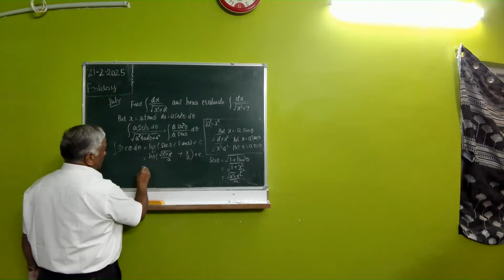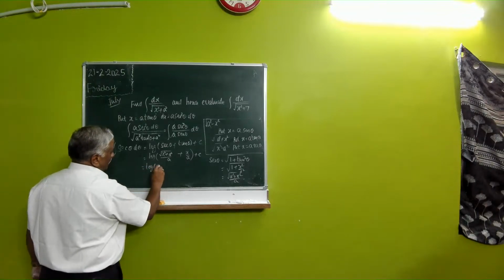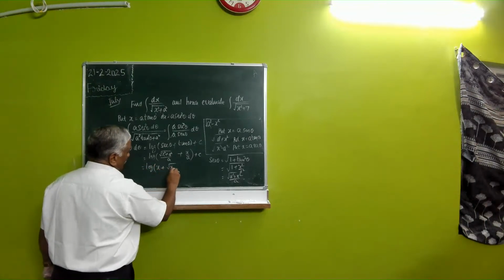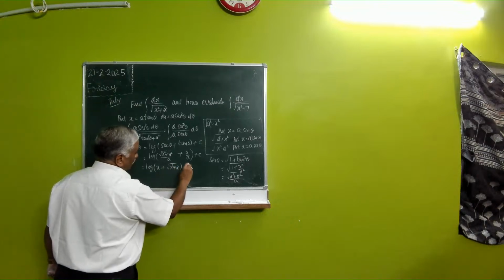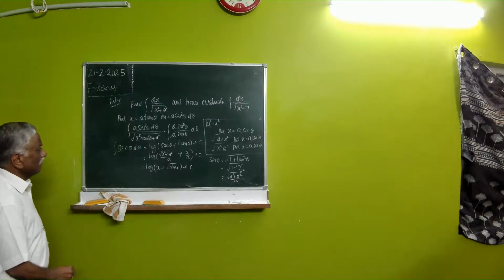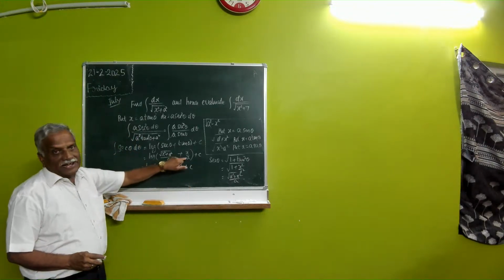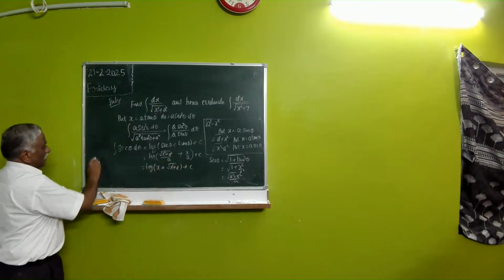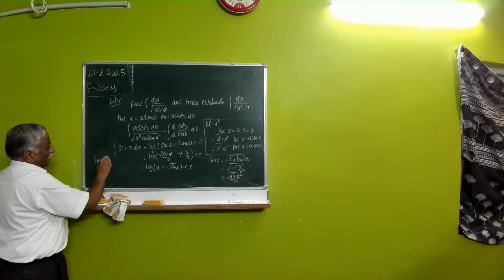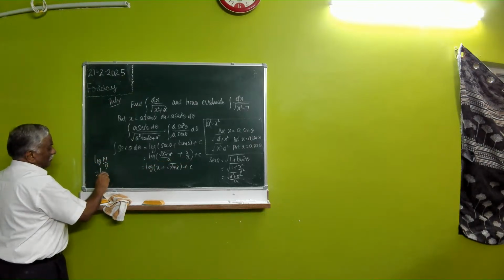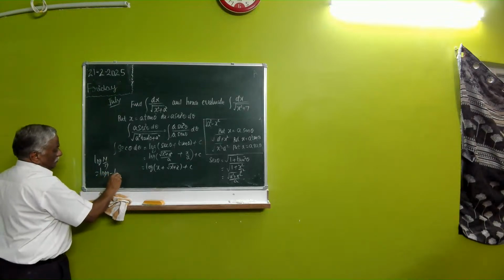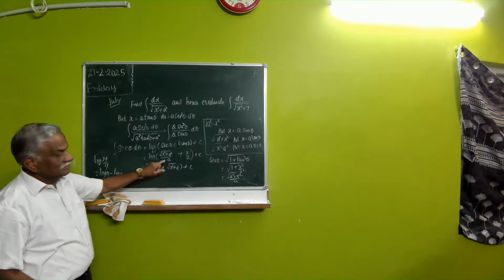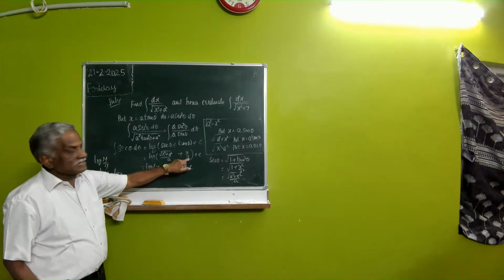You can write this as log of x plus root of x square plus a square plus c. The reason being, if you take LCM, log of m by n is equal to log m minus log n. Log a is a constant.